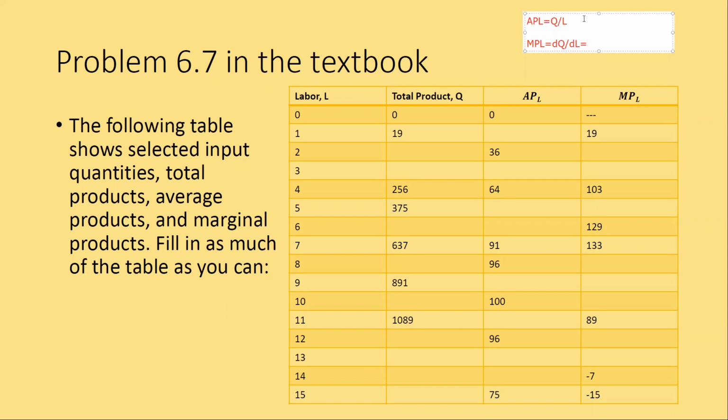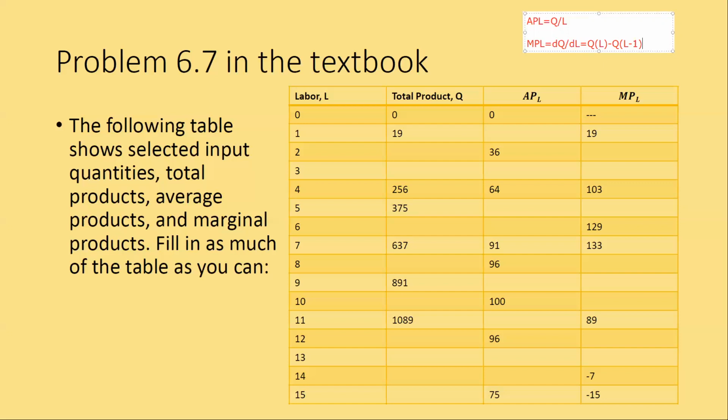And that is a continuous case. Here we have a discrete case, by which we mean we are looking at units of labor increasing one by one. The marginal product of labor tells us the increase in output the firm can produce by employing an additional unit of labor. So the MPL can also be written as the difference between the total output the firm can produce using L units of labor and the total output it can produce employing L minus 1 units of labor.